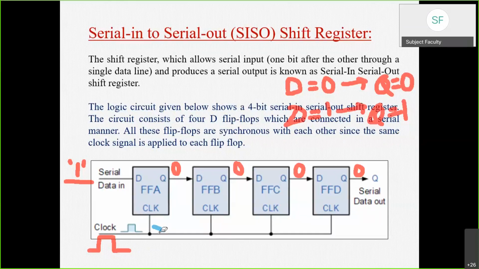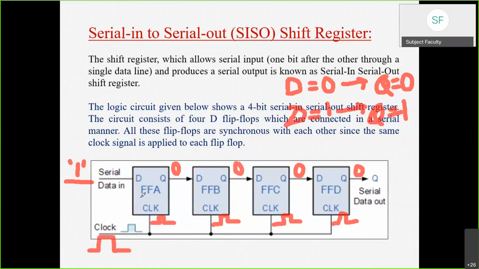Why is the clock necessary? Because only after the application of clock, the output state will vary. When you apply this clock, it will be given simultaneously at all 4 D flip-flops. Now see here, observe, it is interesting. As soon as you are giving clock, what will happen?